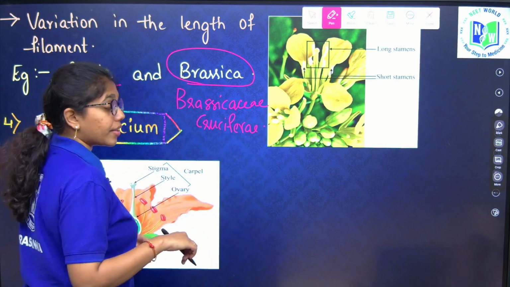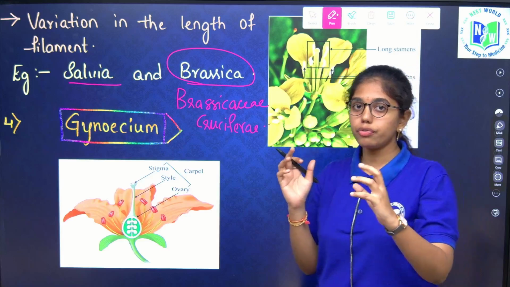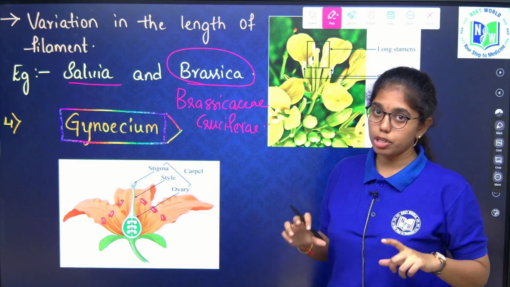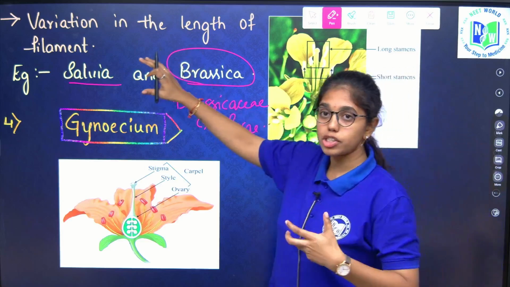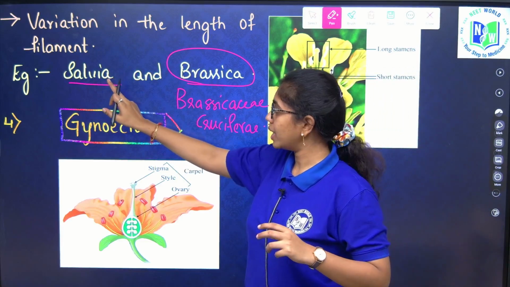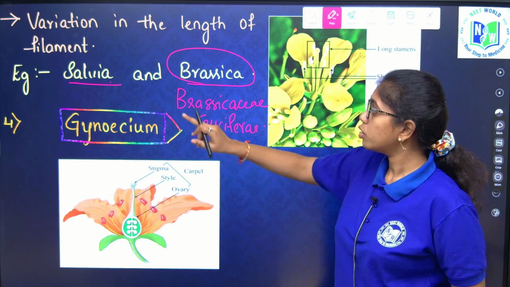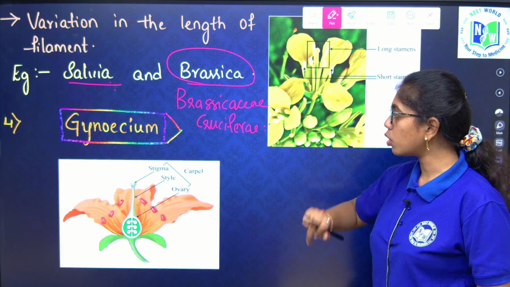The filament length will vary in the same flower. If you find 2 to 3 different lengths of stamens or filaments, it is called variation in the length of filament. In these plants you will observe such variation: Salvia and Brassica, which belong to Brassicaceae and Cruciferae.